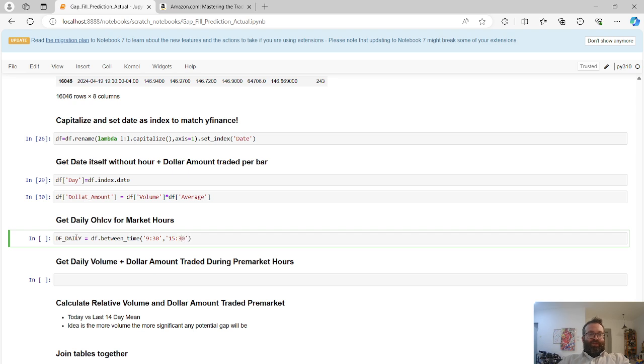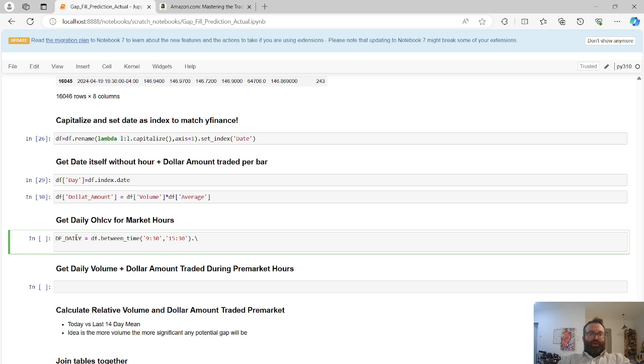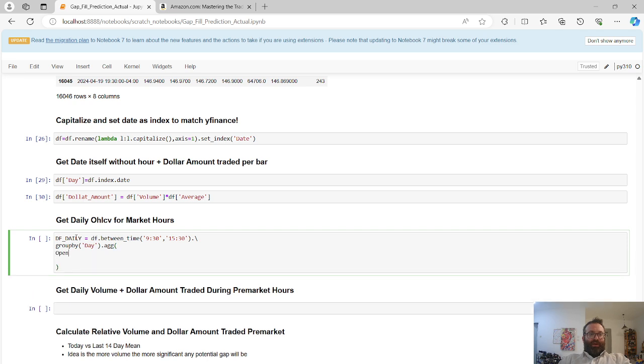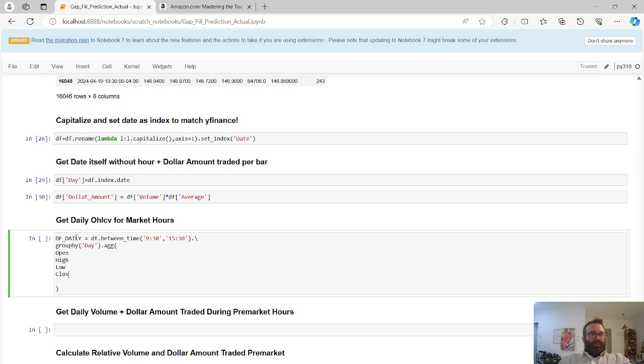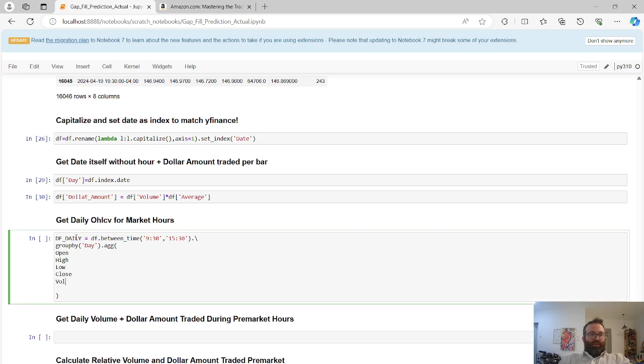The reason I do 15:30 and not 16 is this is inclusive, and 15:30 would be 15:30 to 16, so the last 30 minutes of the day. And then we can do a groupby day, and then we do the agg function. And then let's do open, high, low, close, volume.